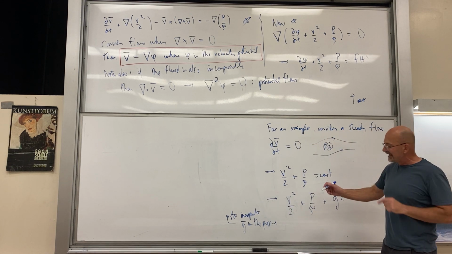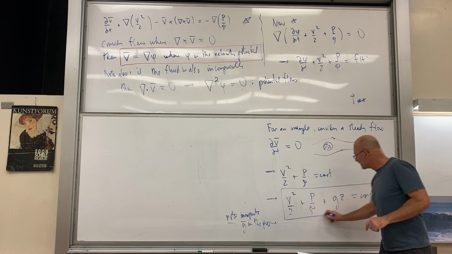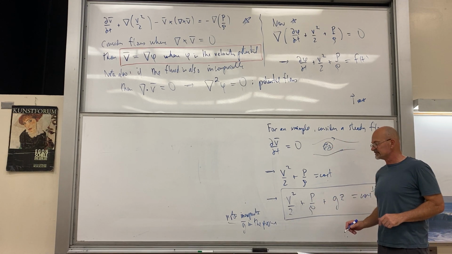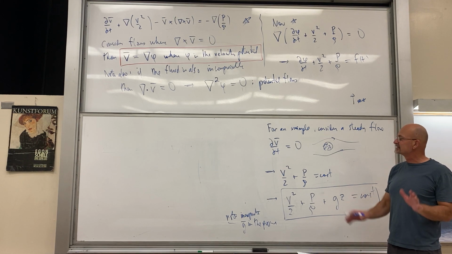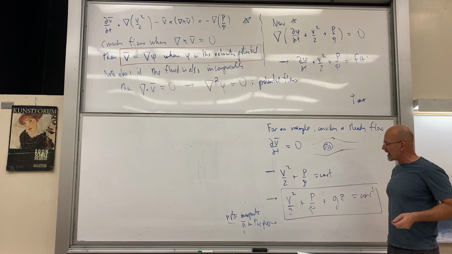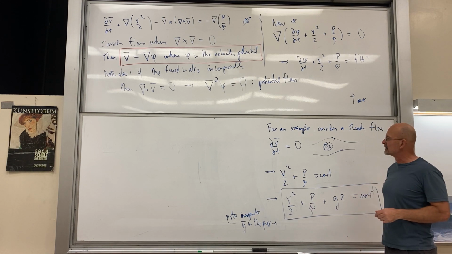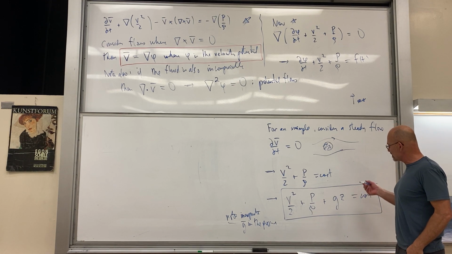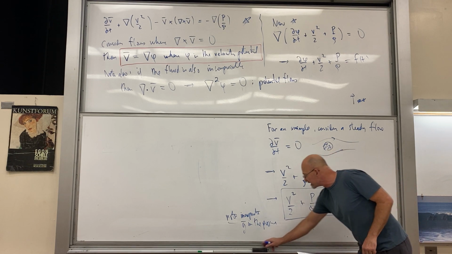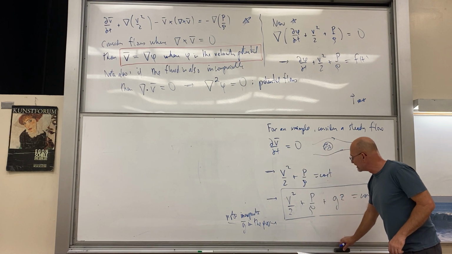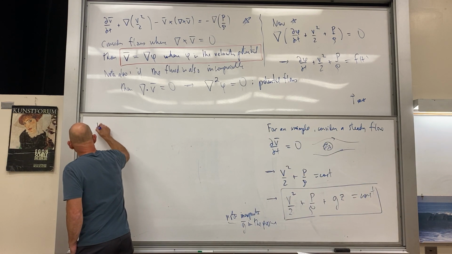Okay, but I wanted to get to this expression here because this is Bernoulli's equation. So that gives you some idea how we systematically obtain Bernoulli's equation. This equation has really nice applications, so let me rewrite it over here where I have a little room.